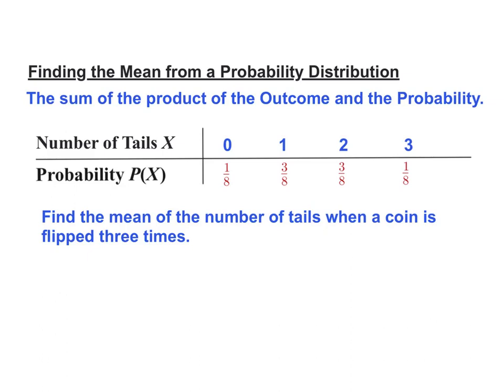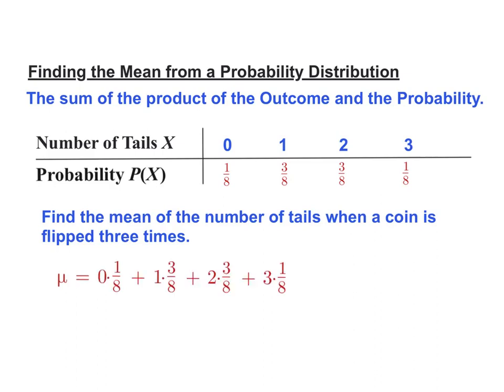probability distribution from 5.1. So what you're going to do to find the mean is multiply that, multiply that, multiply that, multiply that, and then add them up. Okay? So go ahead and do that. Again, remember the lowercase Greek letter mu stands for mean.